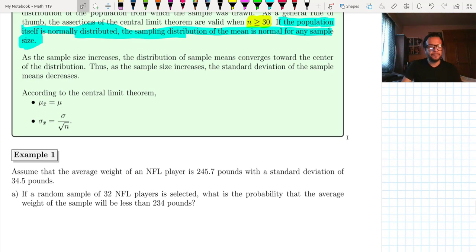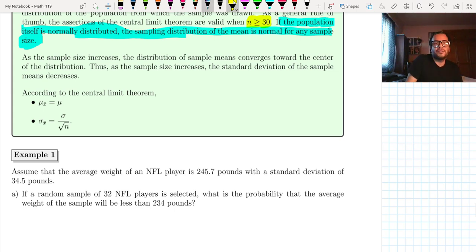Okay, so what's the idea? As the sample increases, the standard deviation decreases, because this gets closer to normal. So when we take large samples, the data within elements won't have too much variation.